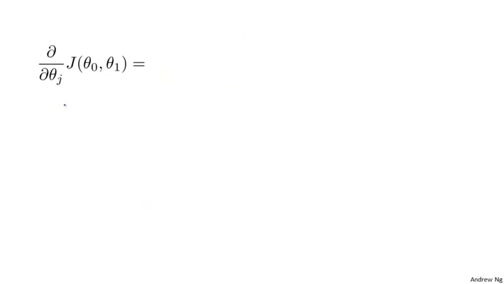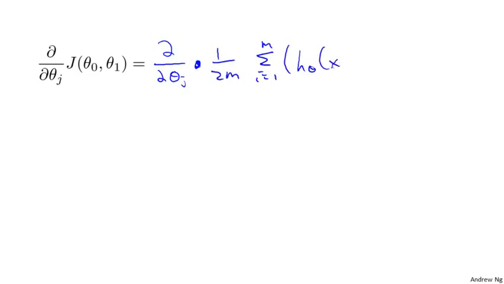So we need to figure out what is this partial derivative term, and plugging in the definition of the cost function J, this turns out to be this, sum from i equals 1 through m of this squared error cost function term. And all I did here was plug in the definition of the cost function there.